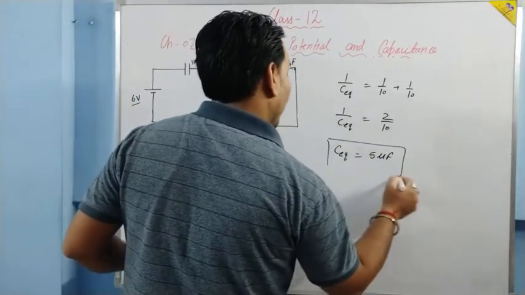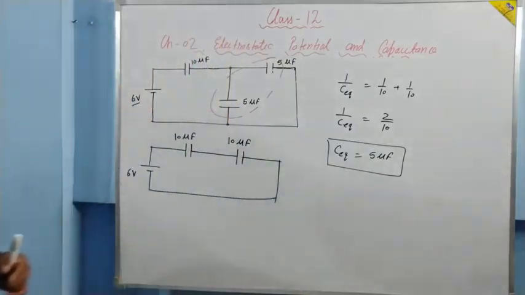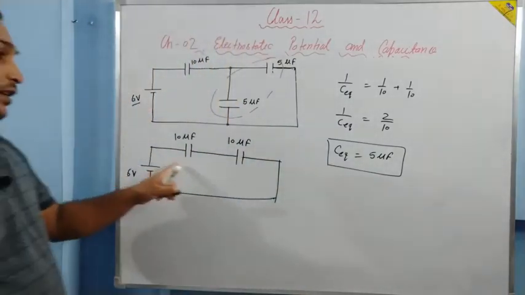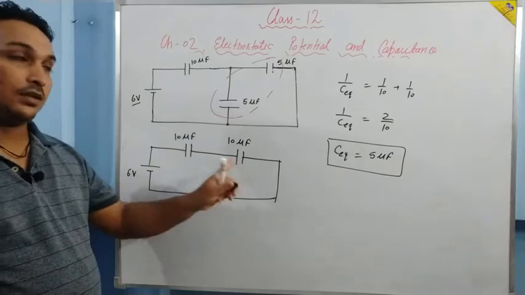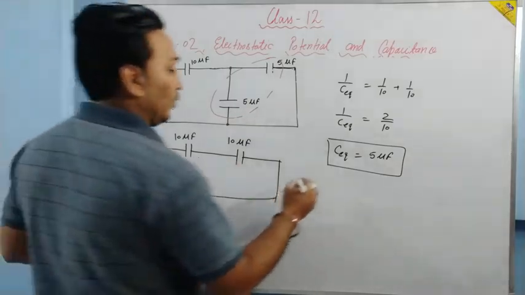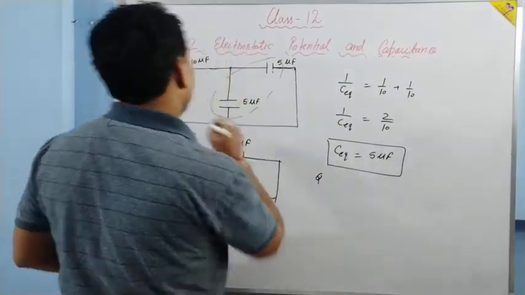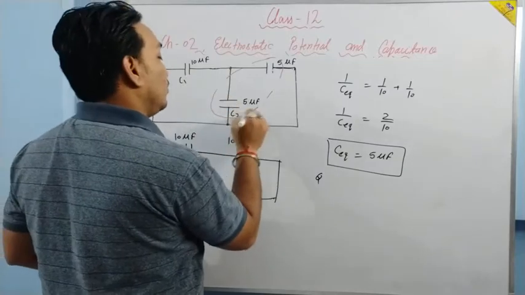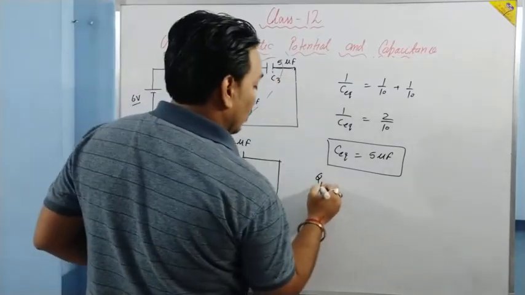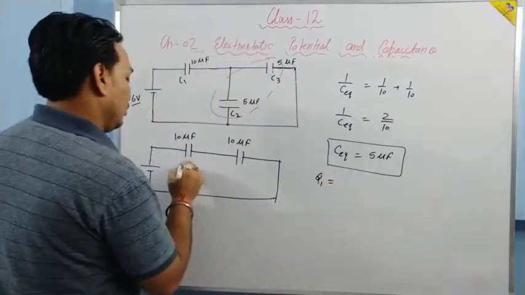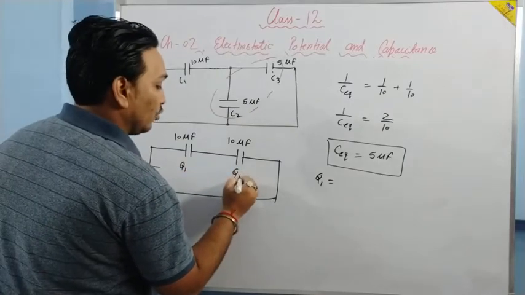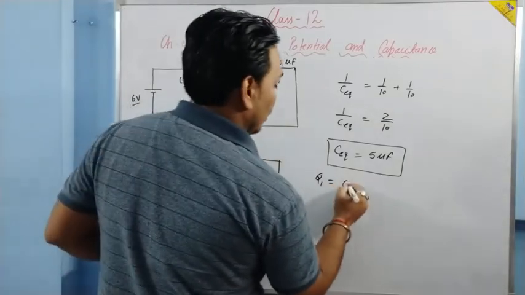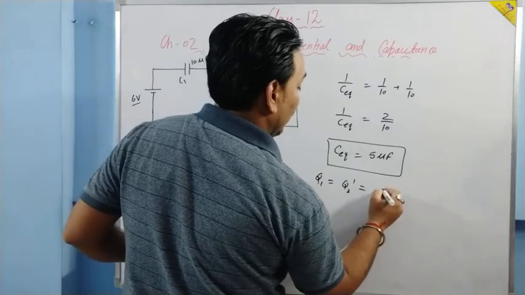5 microfarad. Now charge on each capacitor, since they are connected in series, charge will remain same. And what will be the charge? Say this is your C1, this is your C2, this is your C3. So say this is your Q1, and say this is your Q2 dash. Q1 is equal to Q2 dash is equal to CV.